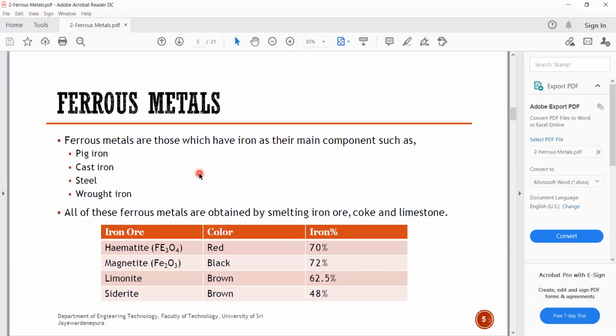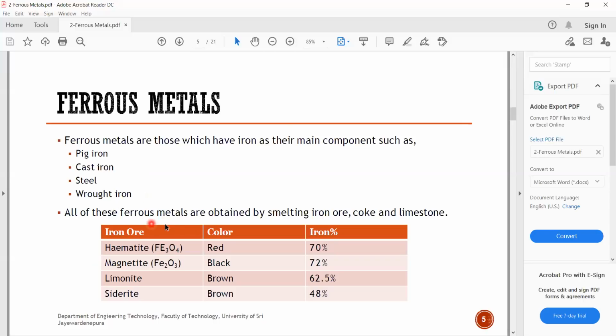So what's the difference between ferrous and non-ferrous? Ferrous metal has iron as its main component. Non-ferrous does not, right? For example, pig iron, cast iron, steel, wrought iron, these are examples of ferrous metals, right? Okay.